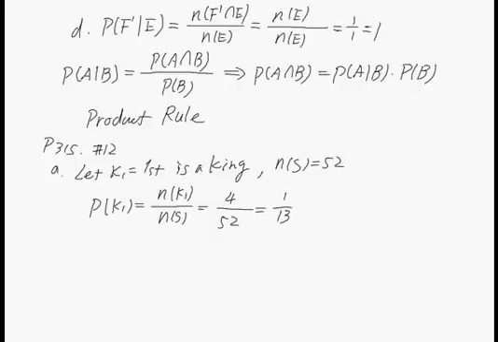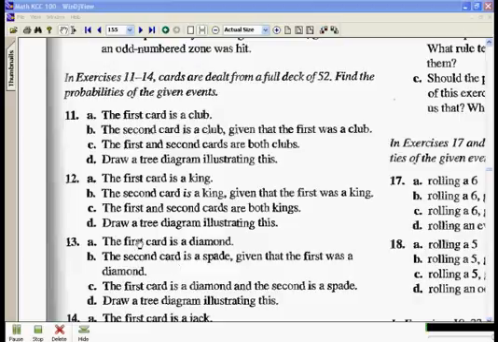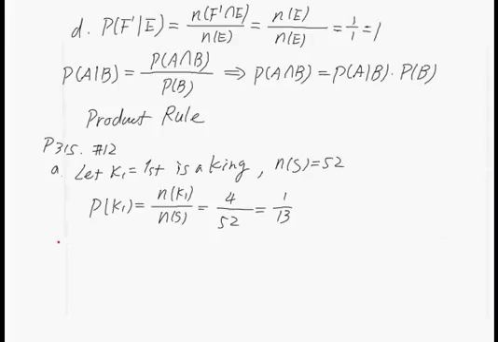Now let's look at part B. The second card is a king given that the fourth was a king. So in part B, let K2 be the event the second is a king.